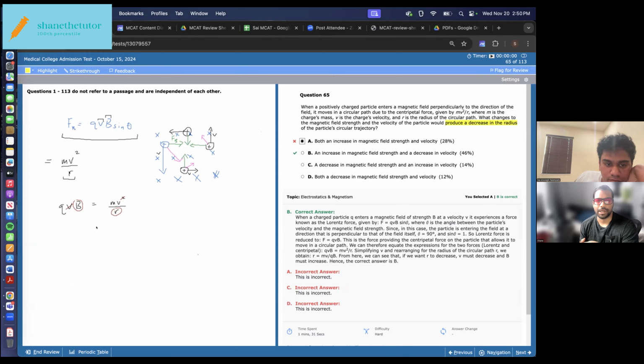So a decrease in the radius would be caused by an increase in the magnetic field strength, right? Decrease in radius. Yep, good.